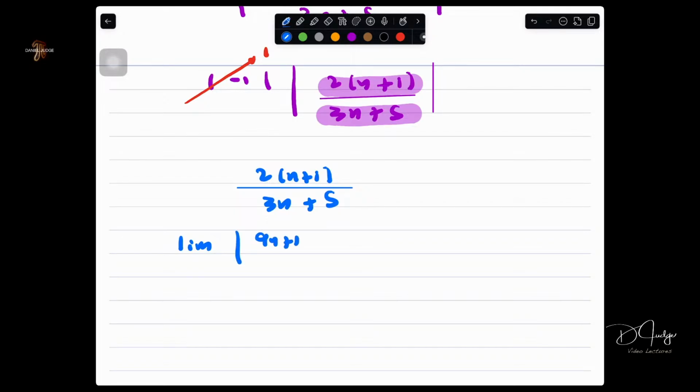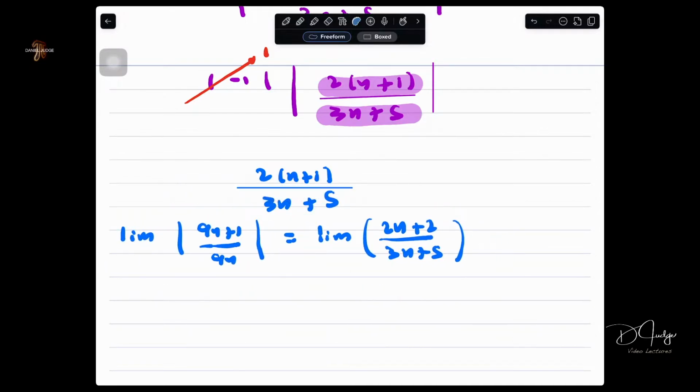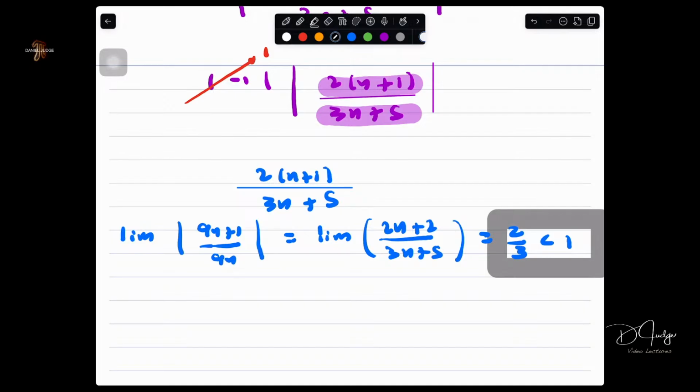So we take the limit now of that absolute value ratio here, ratio test, which is the limit now of, I'll say 2n plus 2 by distributing over 3n plus 5. Using calculus 1, if you like, we see that this equals 2/3, which is smaller than 1. That's what we are looking for by the ratio test. And that means we have absolute convergence, which really means we have convergence.